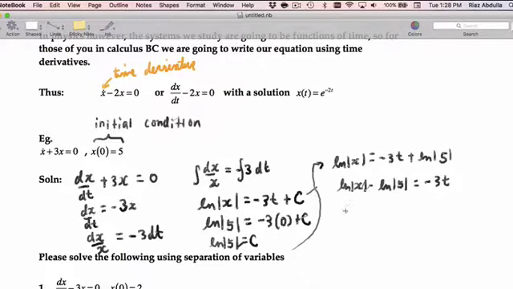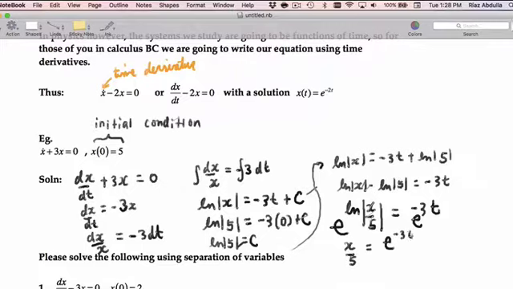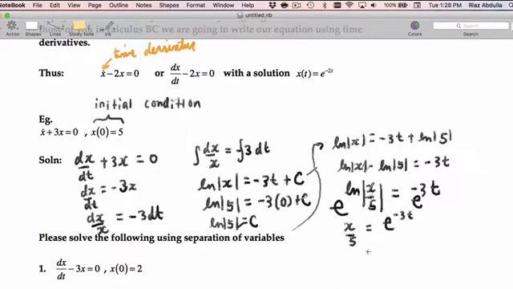Now we're going to use a log rule: the natural log of x over 5 equals negative 3t. Let's take the exponential of both sides. So we get x over 5 equals e to the negative 3t. Finally, we obtain that x of t is 5e to the negative 3t.